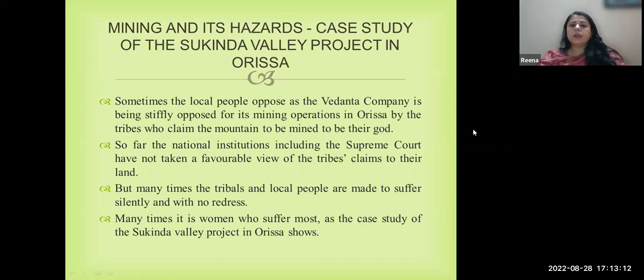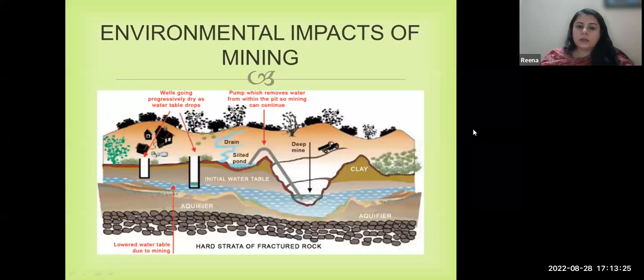This is one case study, the Sukinda Valley project in Orissa, where the Vedanta company started mining operations for sulfite. Whenever there is a mining operation, there are certain hazards to the environment.